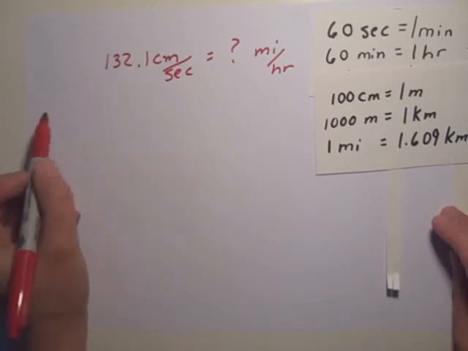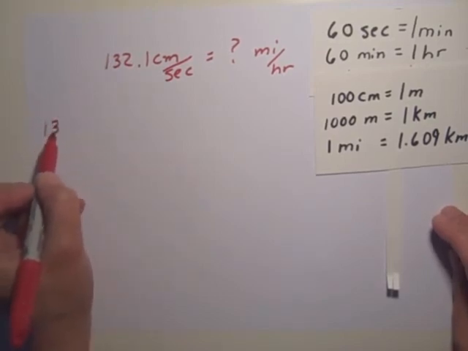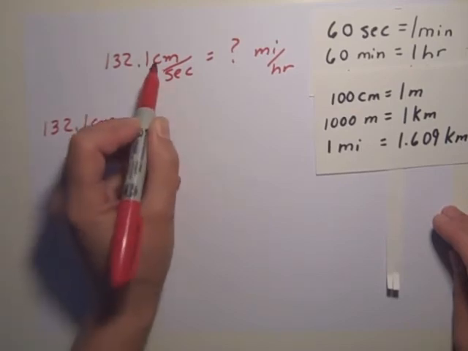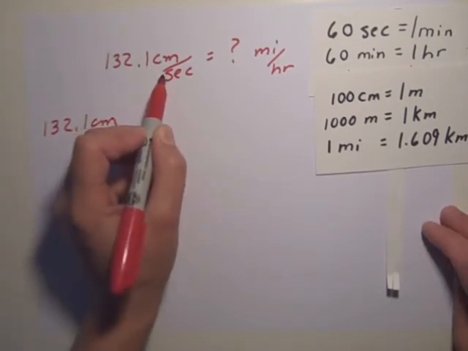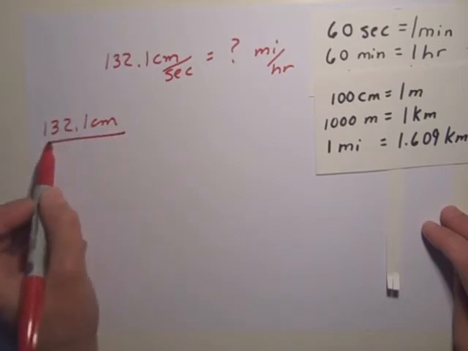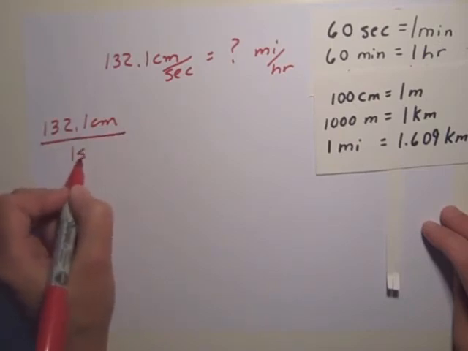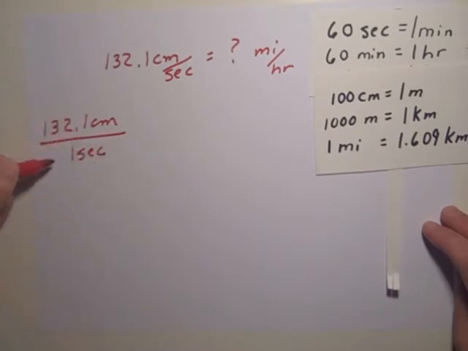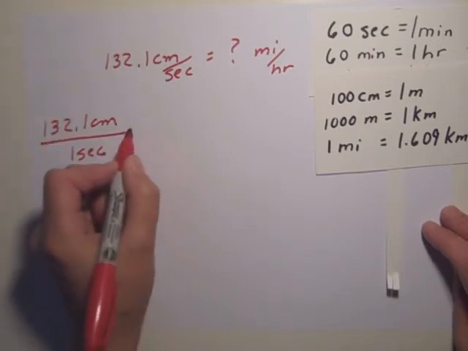When we start off, we're going to start off pretty much the same way, but with one slight twist. Notice up here that this is actually already a fraction, with centimeters in the numerator and seconds in the denominator. This is often people's mistake. They'll put seconds in the numerator when it in fact should be in the denominator.